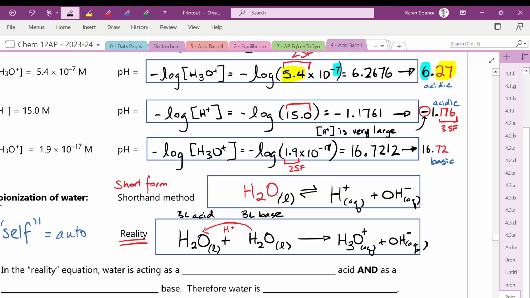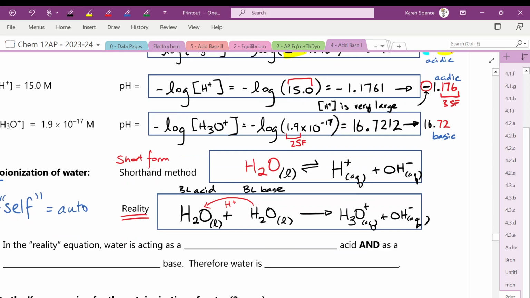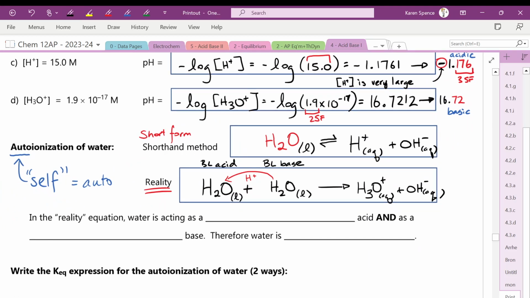So that's water. So in the reality equation, water is acting as a Bronsted-Lowry acid and as a Bronsted-Lowry base. I realize I have written Bronsted-Lowry acid and Bronsted-Lowry base. I'm very sorry. Therefore, water is amphiprotic.